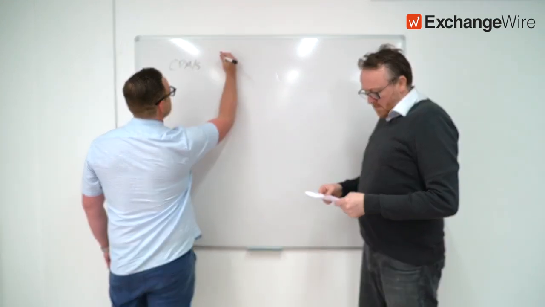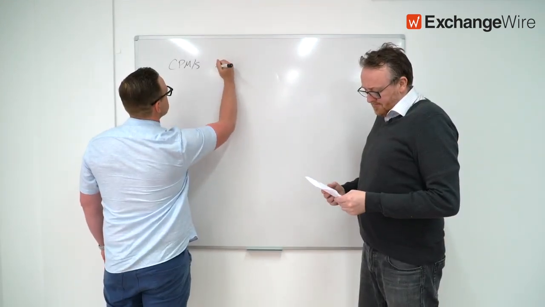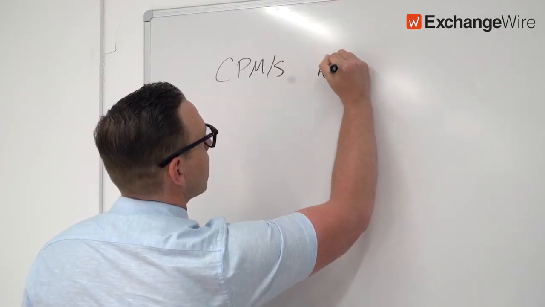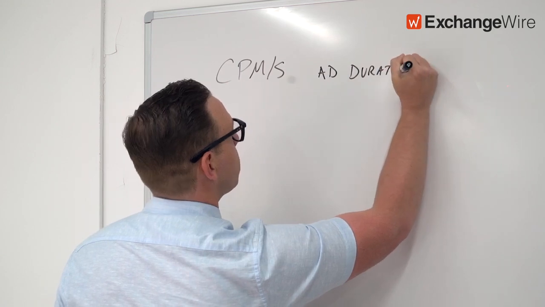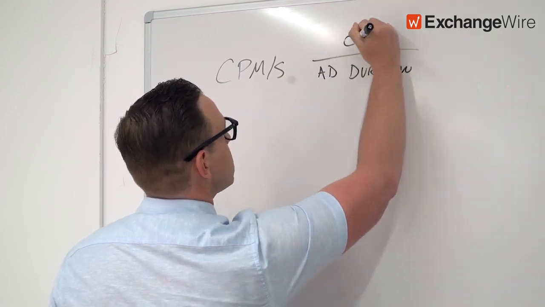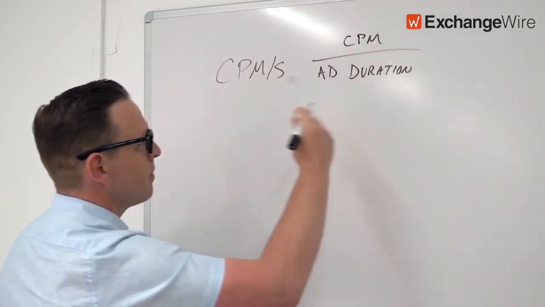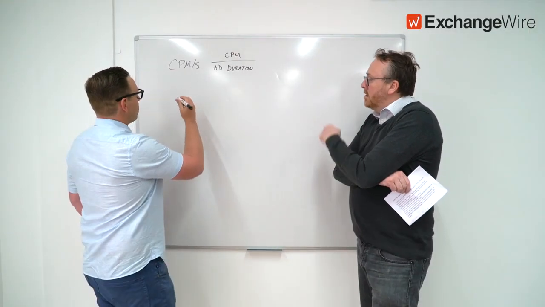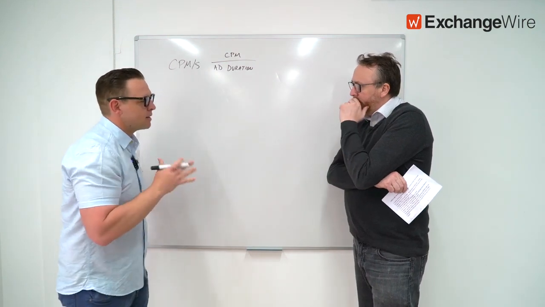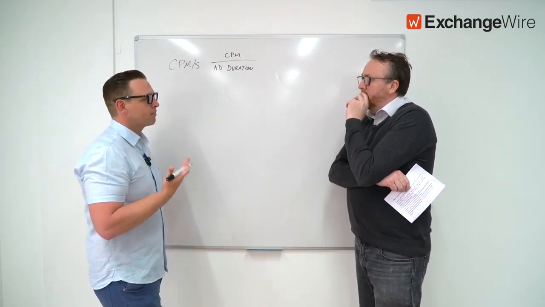It's basically the ad duration and the flat CPM. And you want to take the flat CPM and divide it by the ad duration, you get the CPM per second, right? So this is important because at the end of the day, a CTV publisher is selling airtime, right?